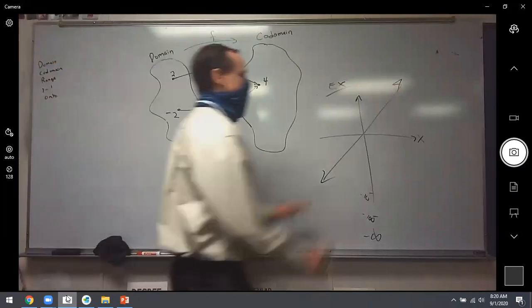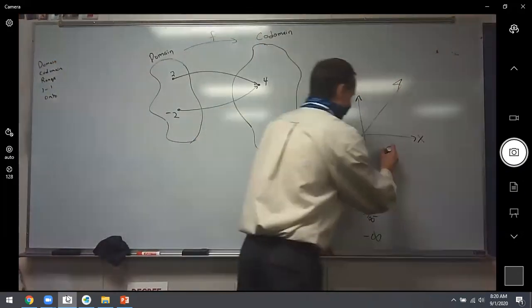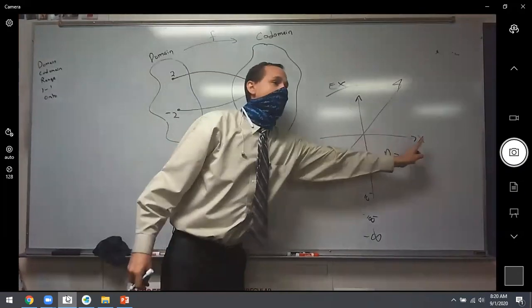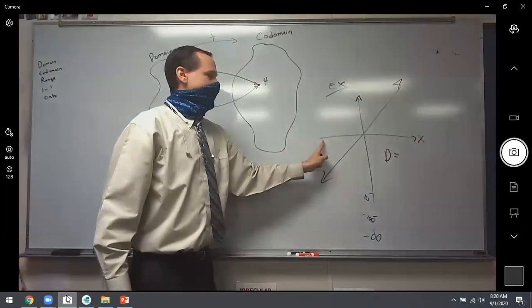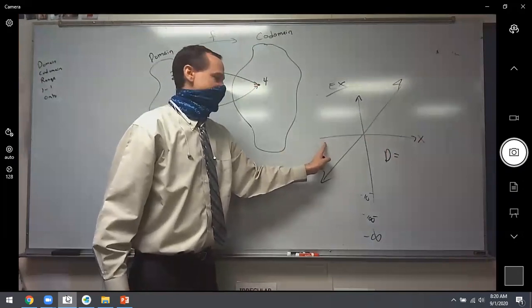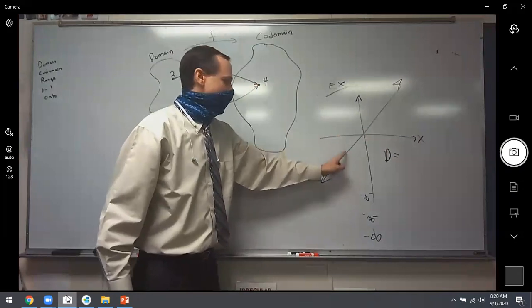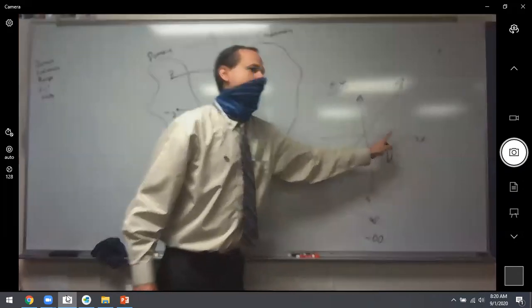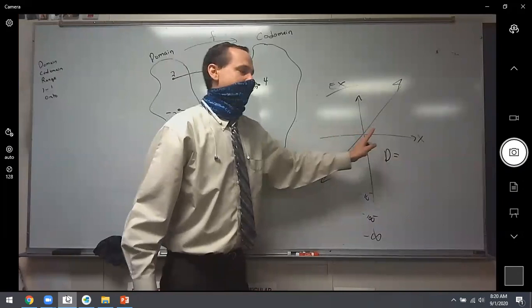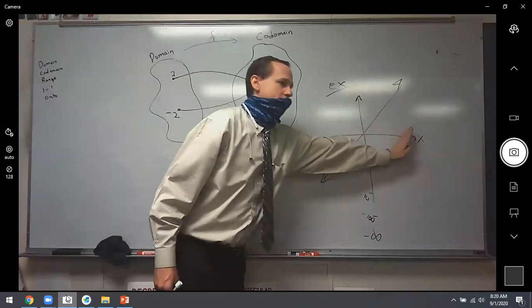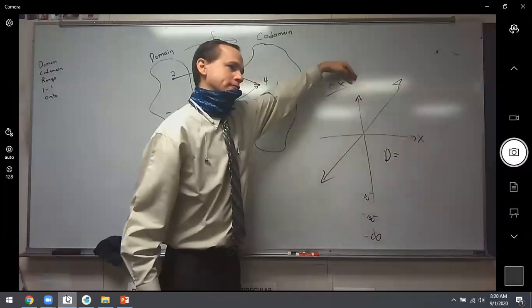Looking at it, just looking at this picture, can you tell me what the domain is, the numbers you can plug in? Anything horizontally. How about right here? If I plug in this number, does the graph exist somewhere? Yeah, down here, right? How about right here? Yeah, there. In fact, no matter where I plug in, it exists somewhere, correct? So when we read graphs, for the x's you read left to right, and for the y's you read bottom to top.